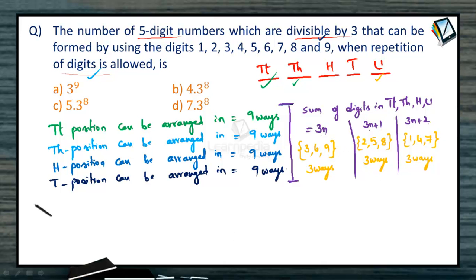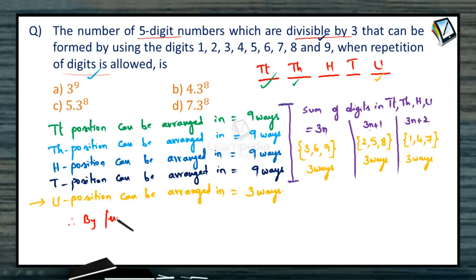So using this observation here, shall we conclude the units position can be arranged in how many ways? Yes, only 3 ways, because in either this case or this case or this case, there will be only 3 possibilities.